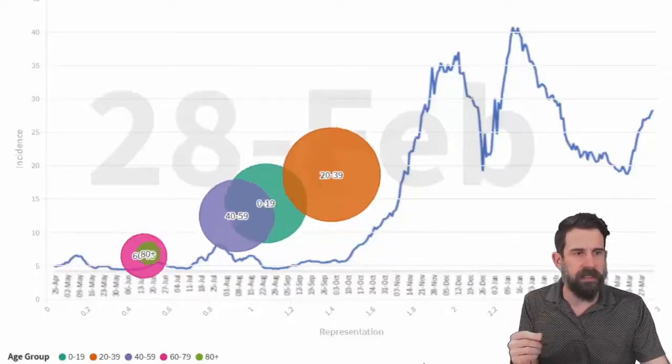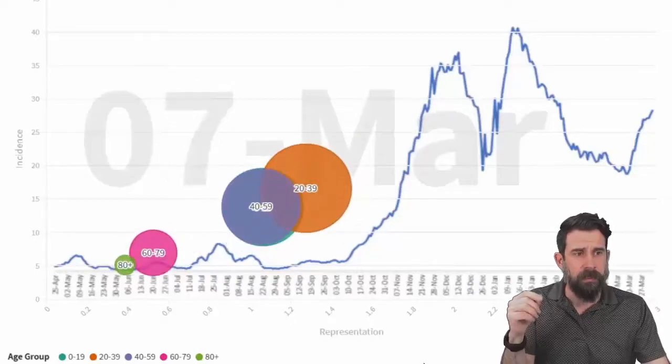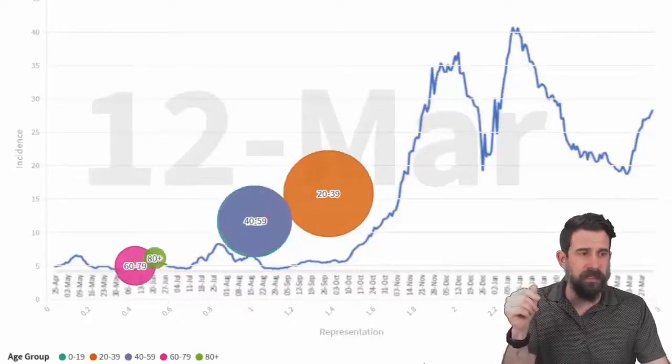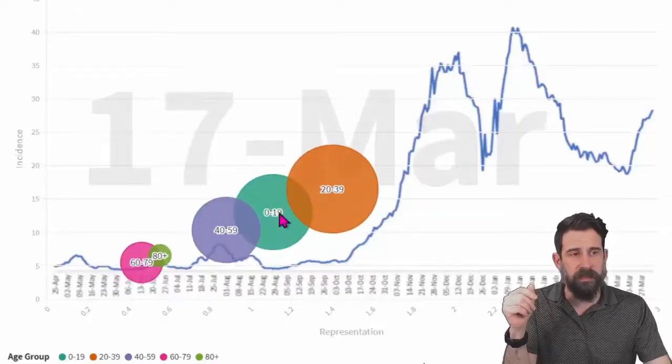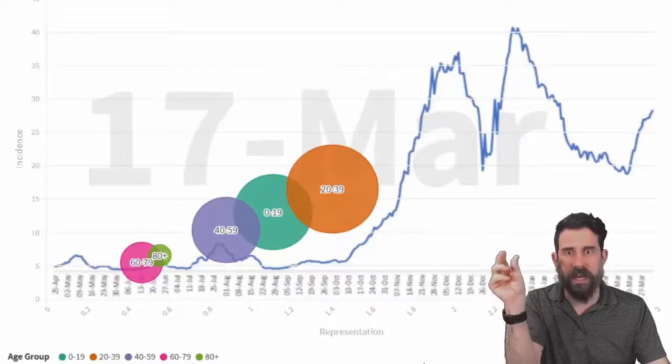So what we're going to see here is that for a short period of time, the kids were sort of above the older adults. Like right there, you can sort of see that spread. But it is all going to sort of tighten up once again as we hit this third wave.